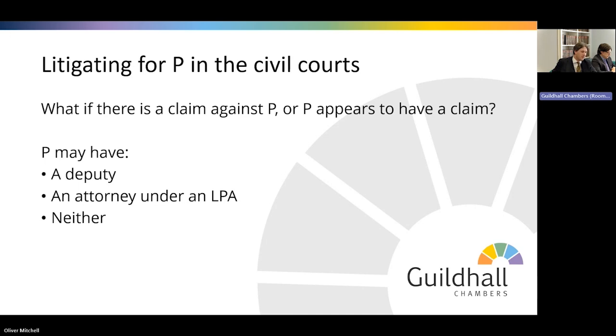And we're thinking not just from the perspective of someone who is a protected party for the purposes of Part 21 of the civil procedure rules, but also about the role of somebody as P within the Court of Protection and how those two things interface. And really looking from that perspective, where we are if either there is a claim against P or about to be a claim against P, or P appears to have a claim.